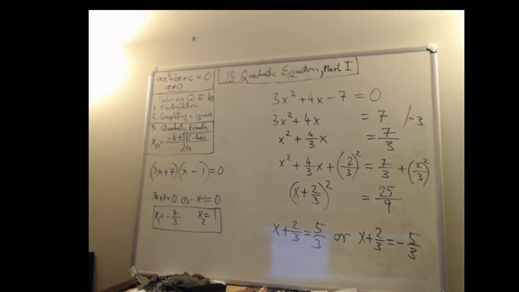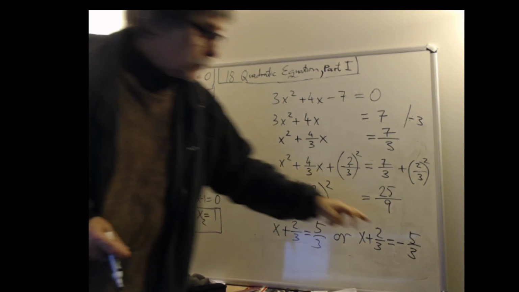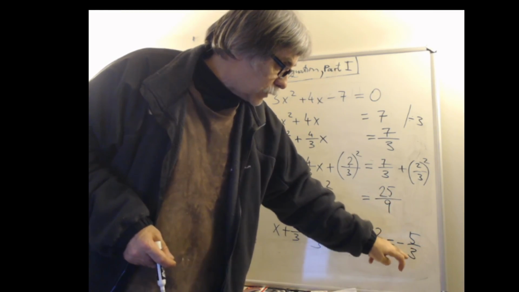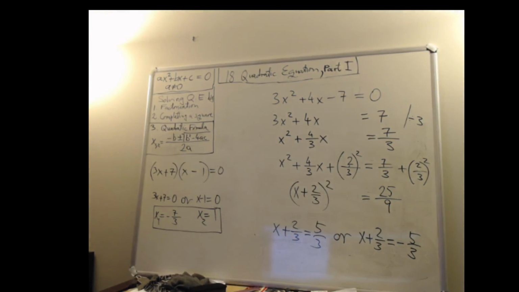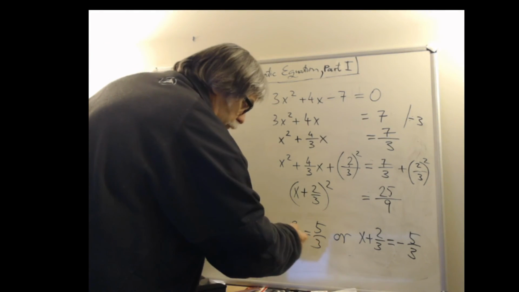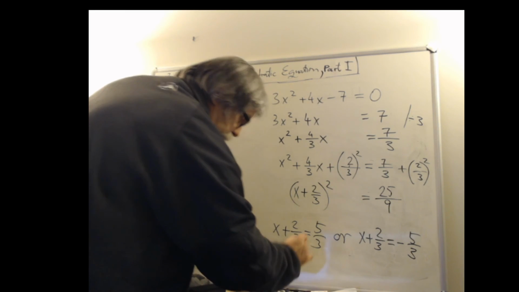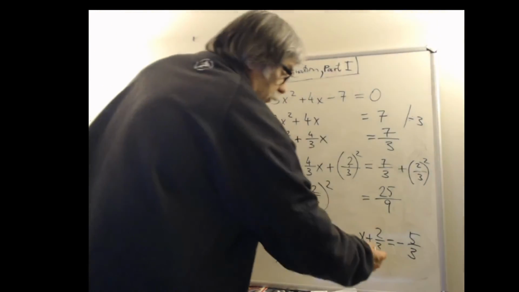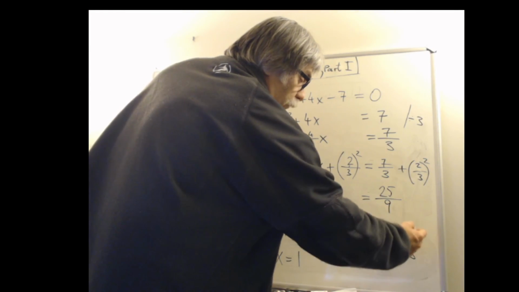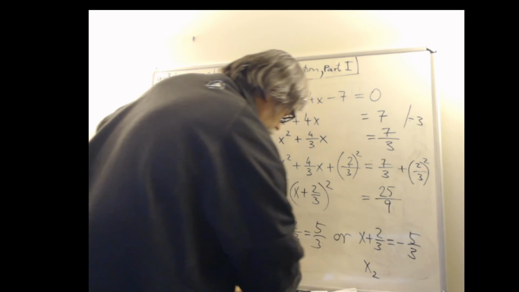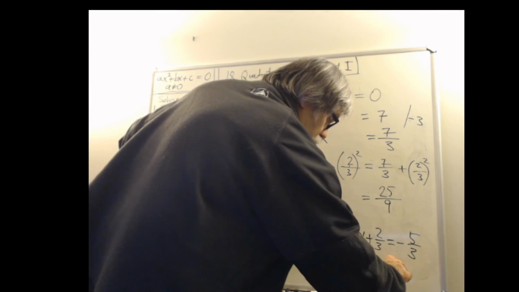The both of them squared will give you square this, minus times minus is plus, 5 times 5 is 25, 3 times 3 is 9, right? Now, subtract 2 thirds. You subtract 2 thirds from 5 thirds, you get 1. You get 3 thirds, right? You subtract 2 thirds from 5 thirds negative, you're going to have negative 7 thirds. So this is second solution.